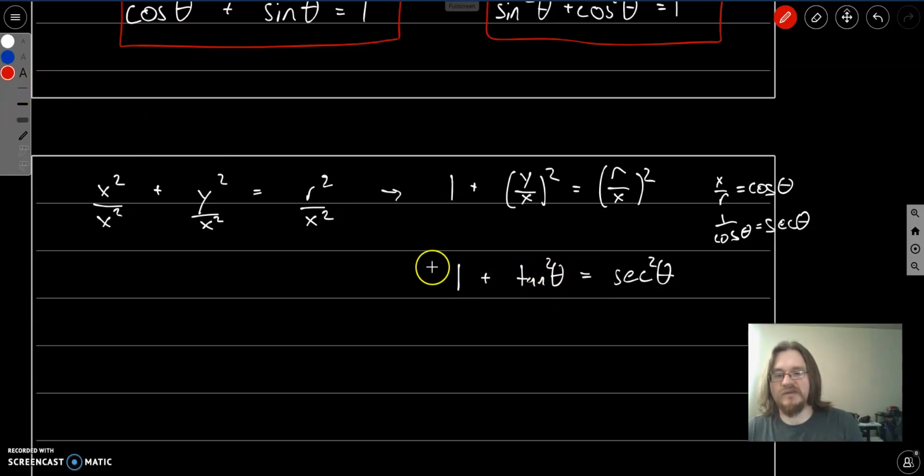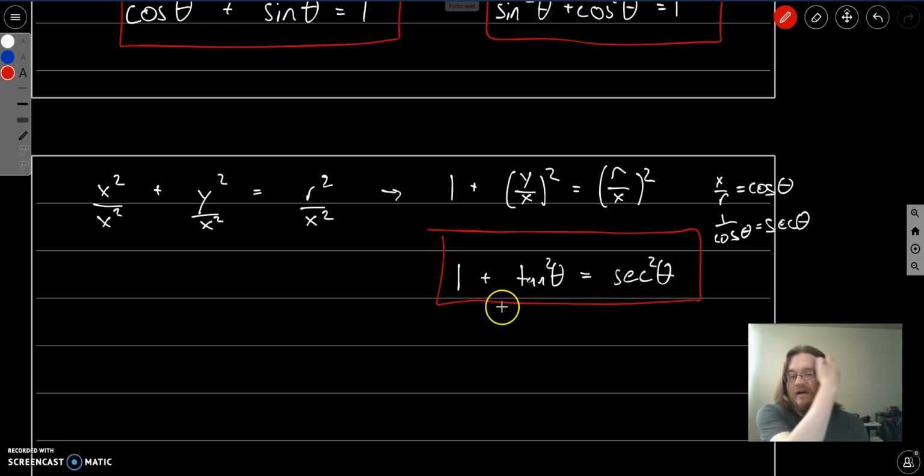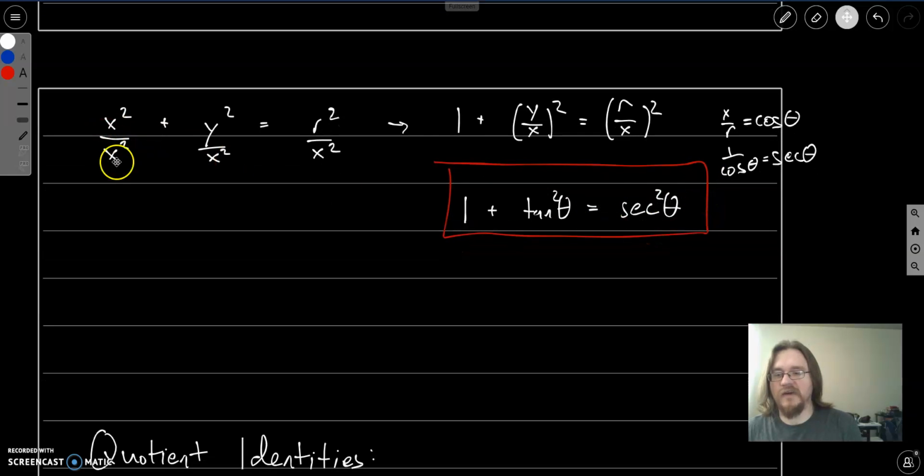So here is our second Pythagorean identity. 1 plus tangent squared is equal to secant squared. And then the last one, so we divided by x squared everywhere. Now the last one is going to be to divide by y squared.